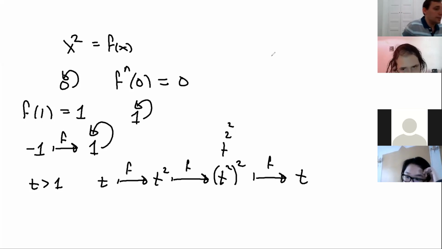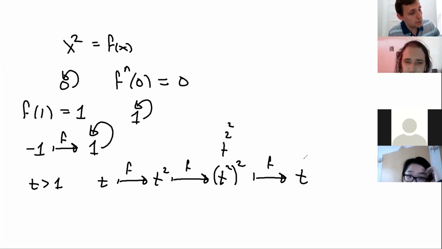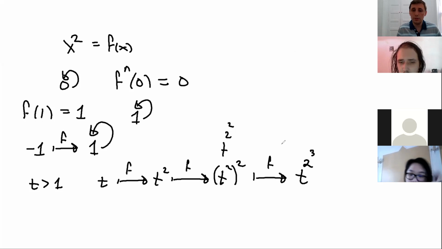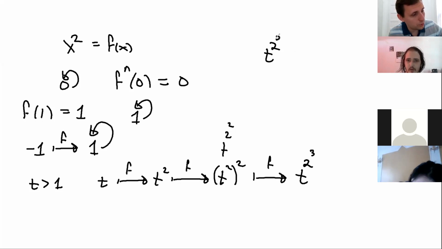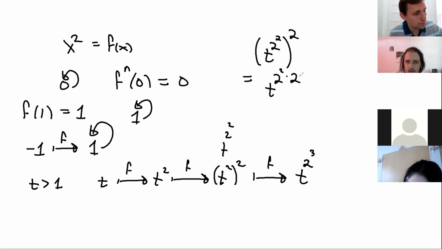Now it becomes t to the power 2 cubed. Do you see that, guys? 2 cubed now. Why? Because simply t to the power of 2 to the power of 2 is what happened in the previous step. Now I square this, so the result is t to the power of 2 times 2. That's how you combine it. Now, how many times do you multiply by 2? So it's t to the power of 2 cubed. That's the formula. Do you see that?